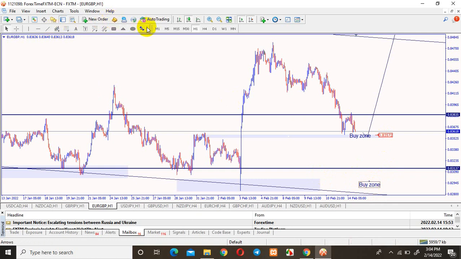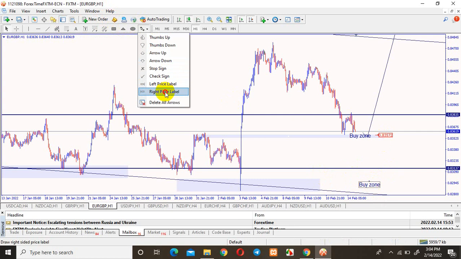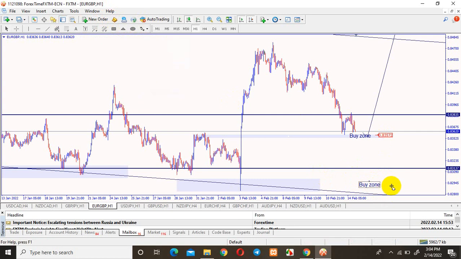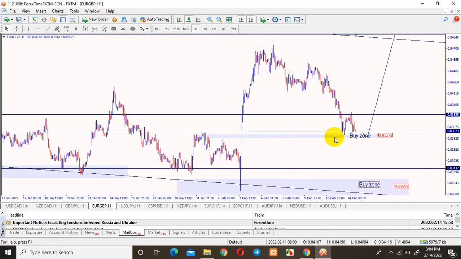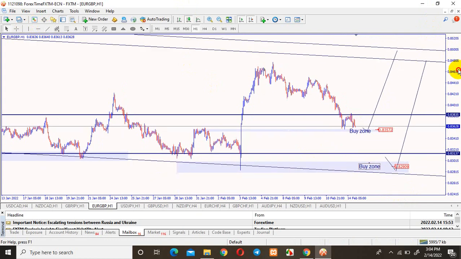Peradventure price pulls out from there, expect another buy around this zone. Then when we take that price, here should be our target zone.